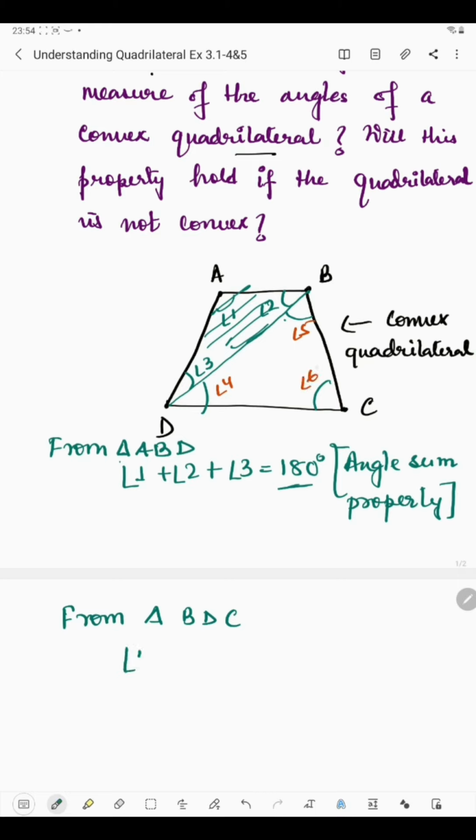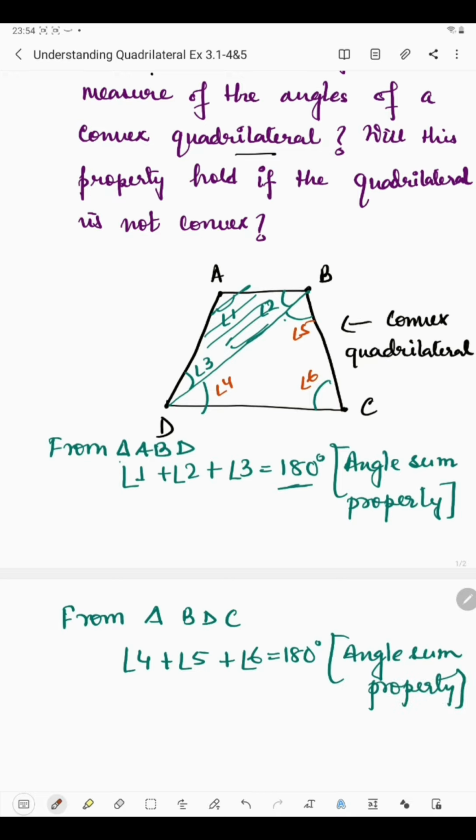Angle 4 plus angle 5 plus angle 6 is also 180 degrees because of the angle sum property of a triangle. So in this portion we have got the sum of angles as 180 degrees, and in this triangle ABD the sum of angles is 180 degrees.